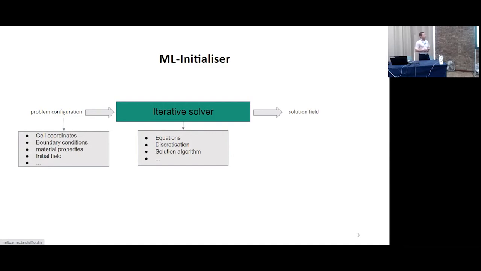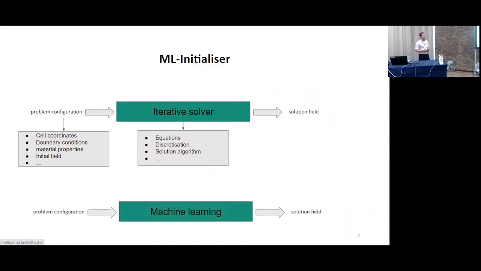Iterative solvers means that we have an implemented equation, discretization procedure, and solution algorithm, and at the end we have the solution field. So for machine learning, we want to have a black box which receives the configuration, or at least the part of the configuration that we care about, and returns the solution field.